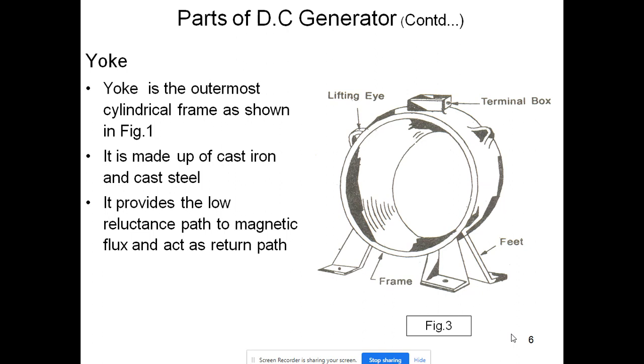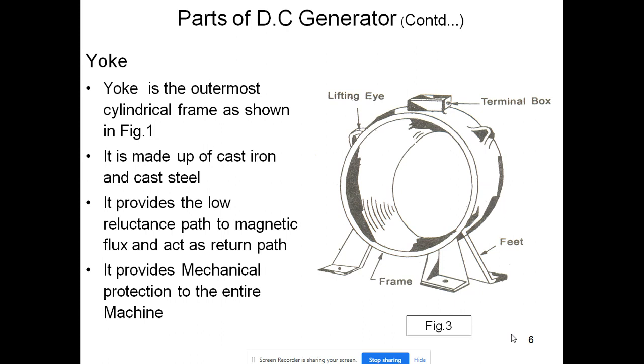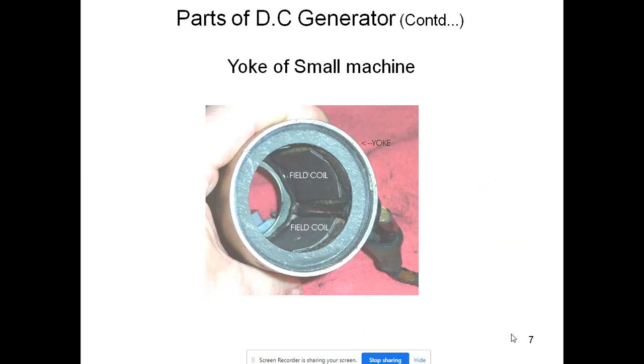It provides a low reluctance path to the magnetic flux and acts as a return path, and provides mechanical protection to the entire machine. This is the yoke for a small machine.